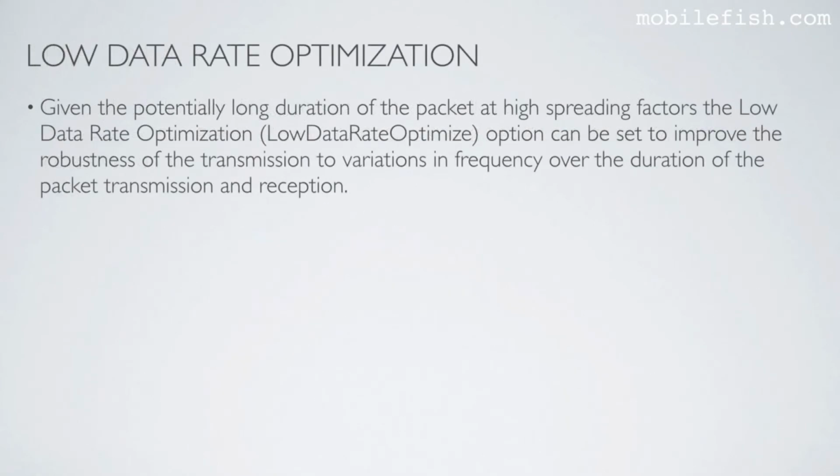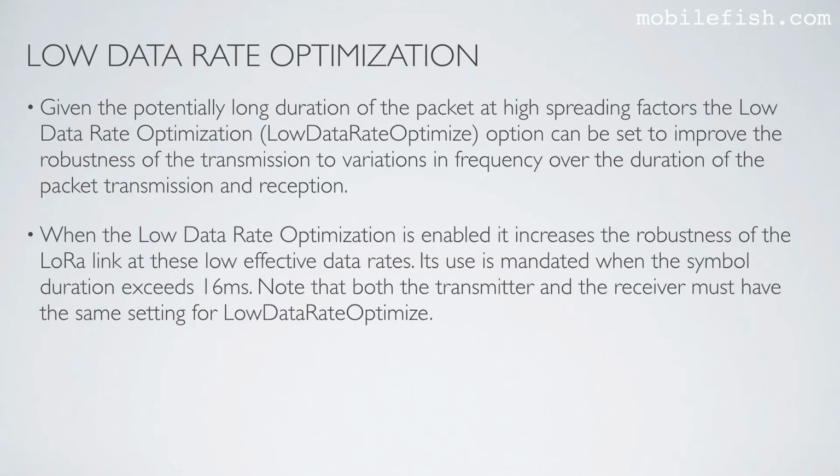Given the potentially long duration of the packet at high spreading factors, the low data rate optimization option can be set to improve the robustness of the transmission to variations in frequency over the duration of the packet transmission and reception. When the low data rate optimization is enabled, it increases the robustness of the LoRa link at these low effective data rates.